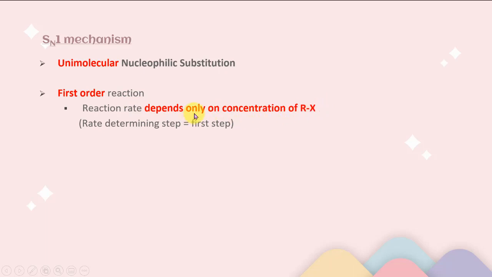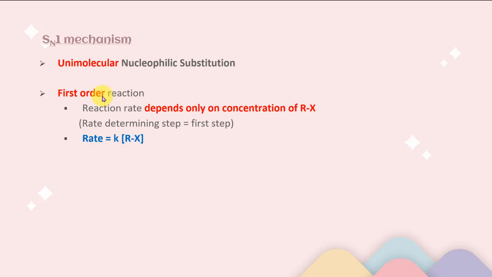The reason why it only depends on the concentration of RX is due to the rate determining step, which is the first step. We will explain this in detail in a while. And since the SN1 mechanism is a first order reaction, we are able to write out the rate law: rate equals k times the concentration of haloalkane raised to power 1, therefore first order.